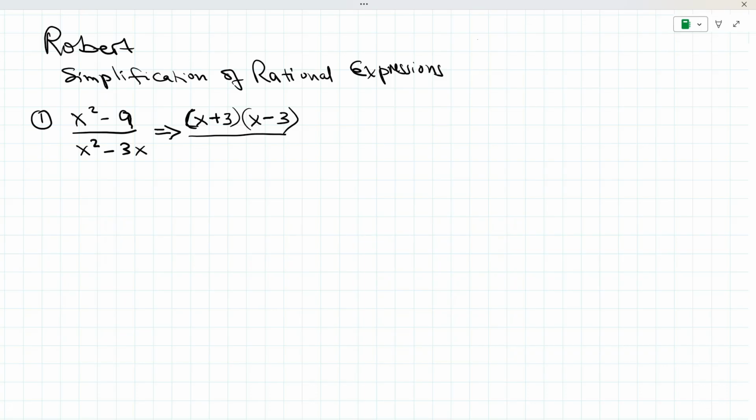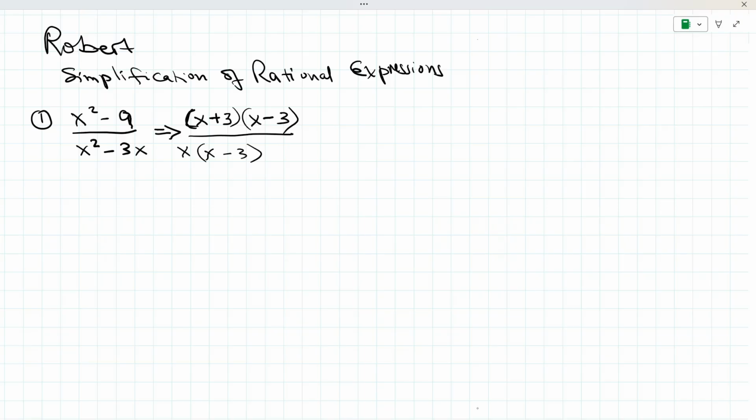So we then have to divide this by our bottom expression. And when you look at the bottom expression, both parts have got x's. So we can pull out x, and in the parentheses, instead of x squared, we remain with x, and then instead of the 3x, we remain with minus 3.